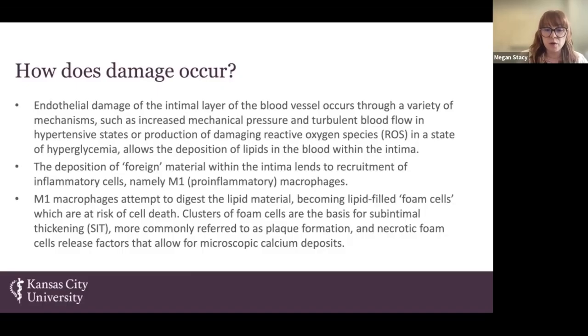And clusters of these foam cells are the basis for what we call subintimal thickening or plaque formation. Eventually, those foam cells will die, and that necrotic foam cell tissue releases factors that allow for microscopic calcium deposits, as Erica said earlier.